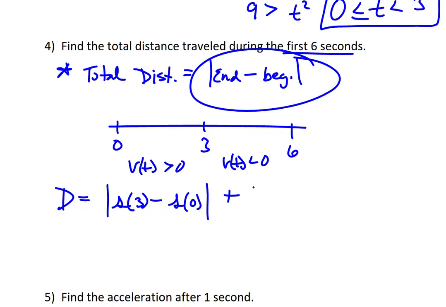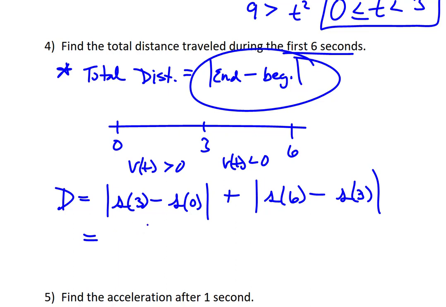But then we want to add that distance to the distance we get from the second interval, which in the same way would be s of 6, the end of that interval, minus s of 3, the beginning of that interval. Now, if these values end up positive already, then the absolute value doesn't really do much for us, but this will ensure that our values do end up in the right context, which is distance should be positive here.